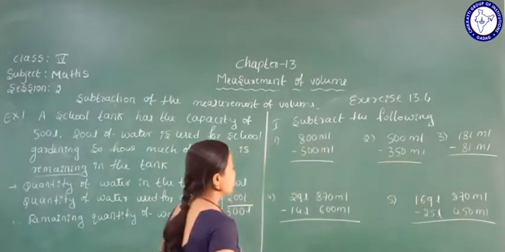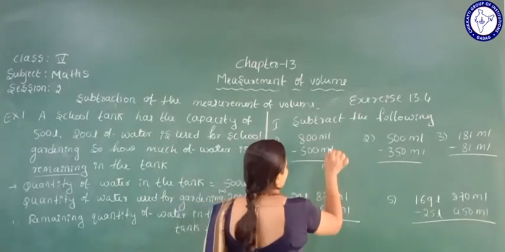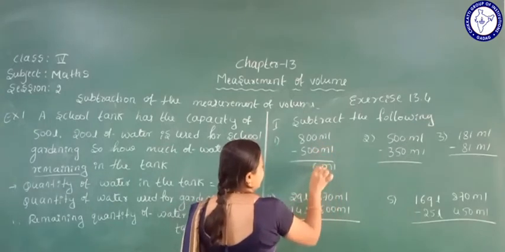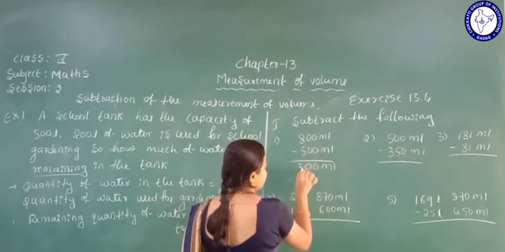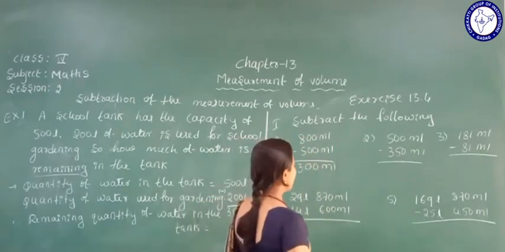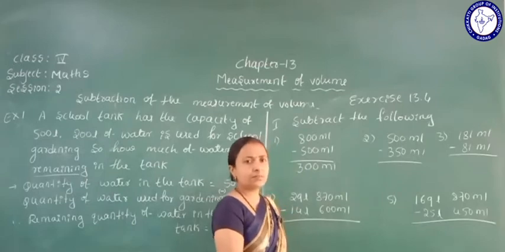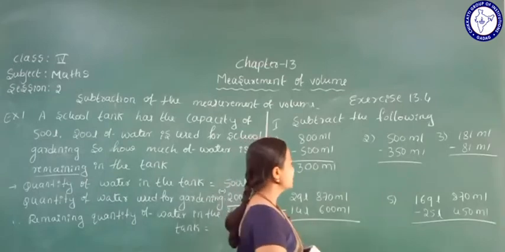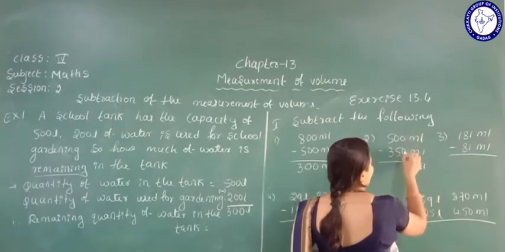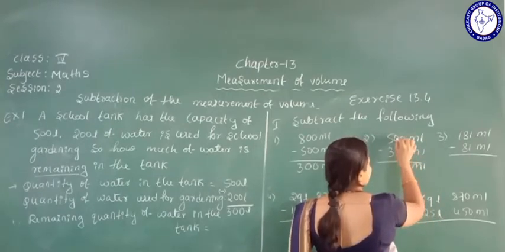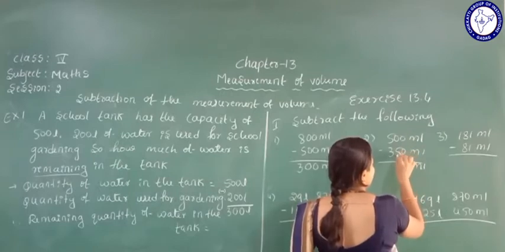Okay, see here, first one: 0 minus 0 is 0, 0 minus 0 is 0, 8 minus 5 is 3. So the answer is 300 milliliter. Next one: 0 minus 5, here 0 is there and 5 is bigger than 0.